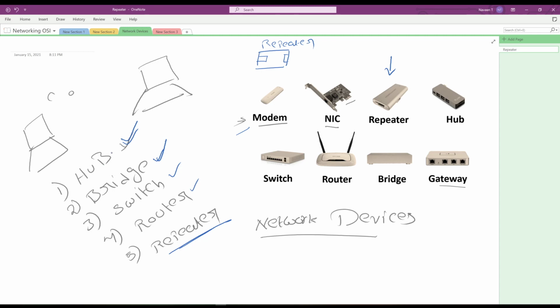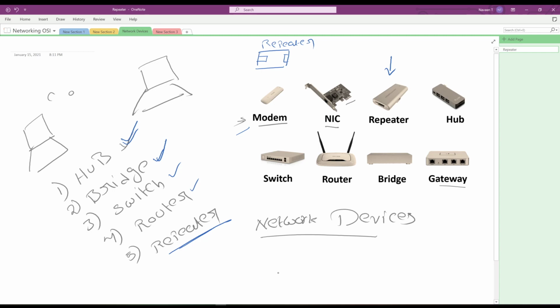The repeater we have seen has just two ports, incoming and outgoing, right? So a hub is much like a device made up of multiple repeaters. It is just a multi-port repeater.